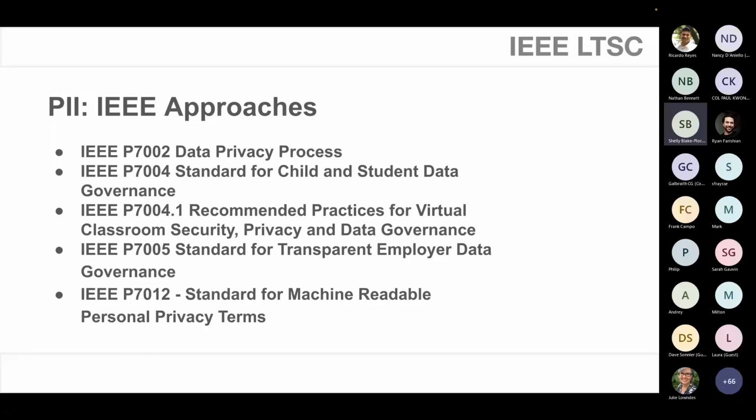at large. In the IEEE context, we point you towards the IEEE 7000 series, which covers all aspects of data privacy. With regard to xAPI, the most important are the data privacy processes themselves, standards for student or learner data governance, recommended practices for virtual classroom security, standards for transparent employer data governance.